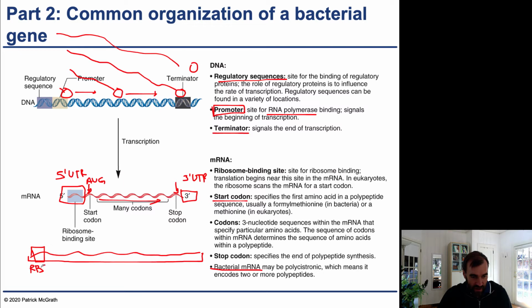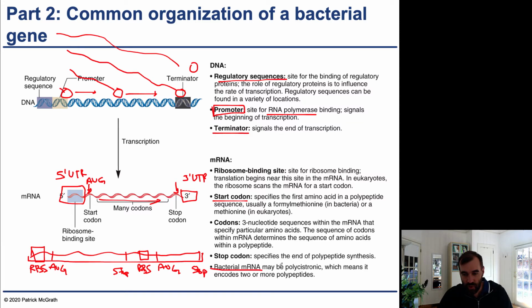So one here, and then you would also have a start codon, a stop codon, a start codon, and a stop codon. And you can do this for two genes, you can do this for three, four, five. We're going to get into this more.